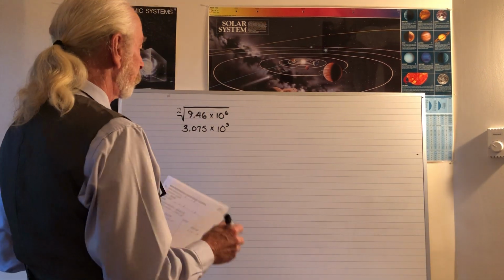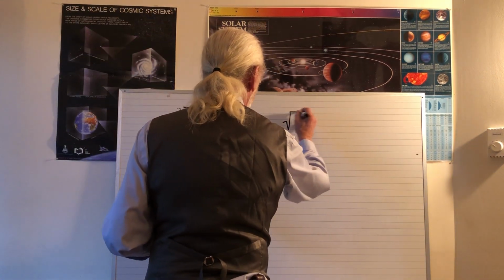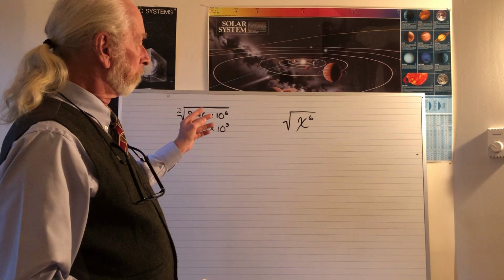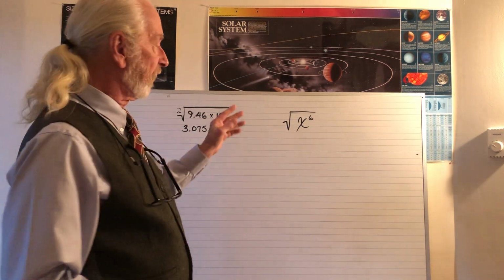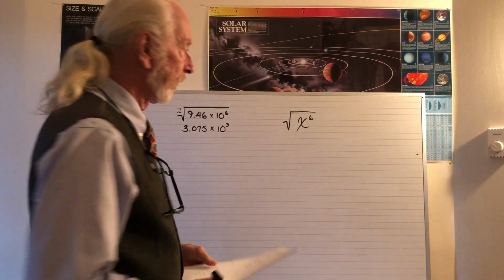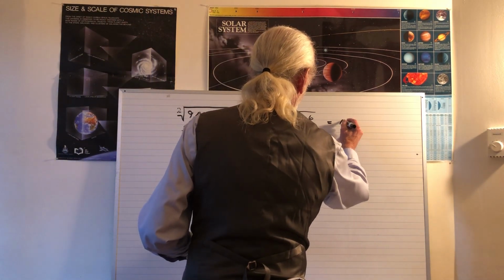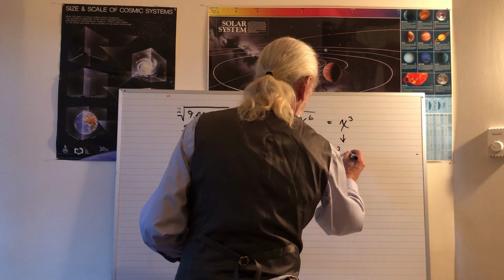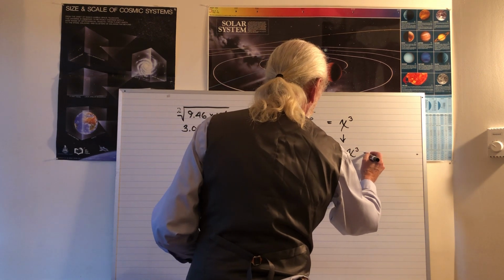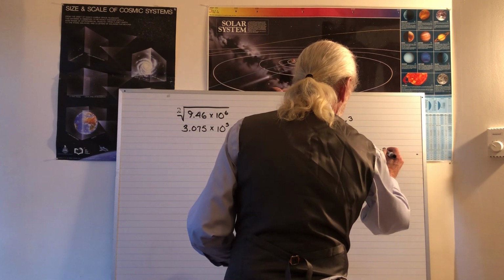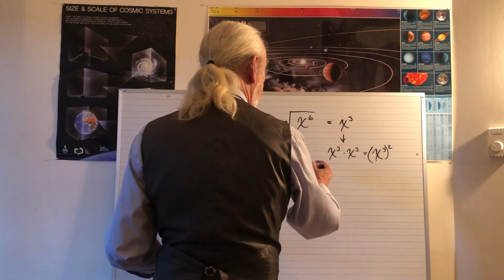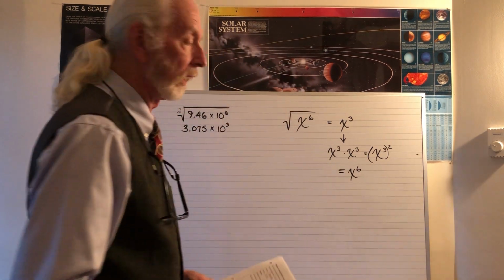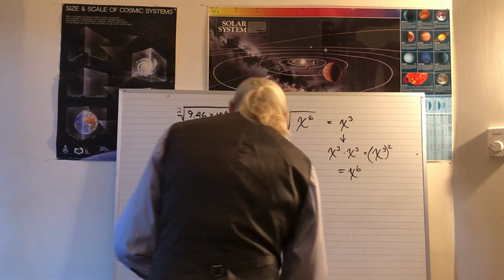So if I did, for instance, the square root of x to the 6th power, I'm saying what number times itself will give me x to the 6th power, and that number is x to the 3rd power, because x to the 3rd times x to the 3rd equals x to the 3rd squared, yeah? And x to the 3rd times x to the 3rd equals x to the 6th. Okay, that's the rationale behind it.